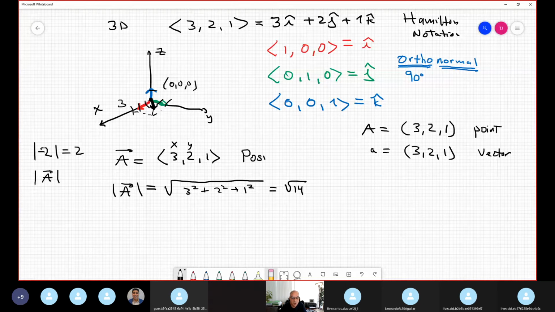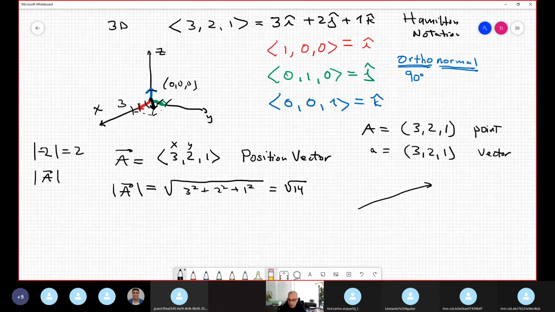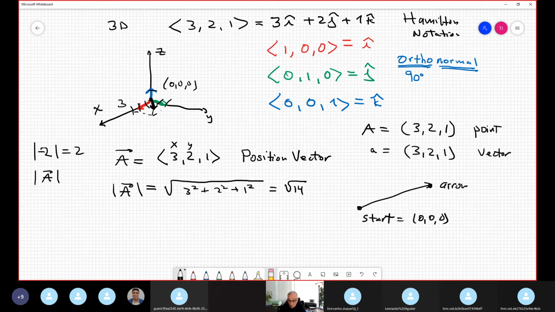Remember, the vector is a segment containing 2 points. This point is the arrow, this point is the start point. You suppose the start is 0, 0, 0 when you're talking about a position vector, and the arrow is located at the point 3, 2, 1. This is the idea of the position vector.